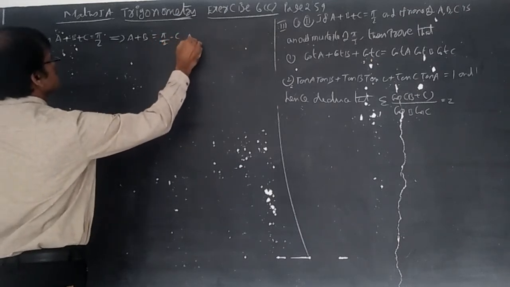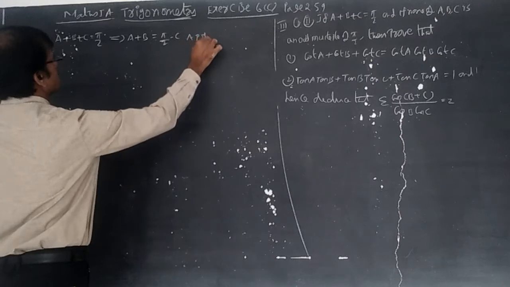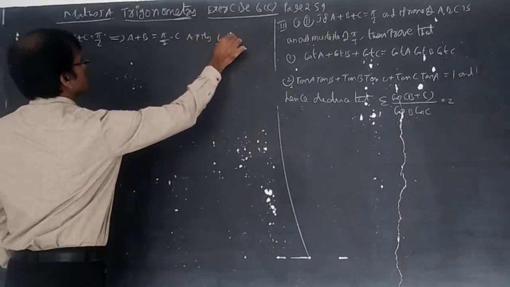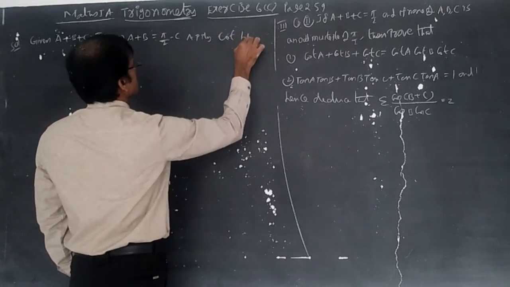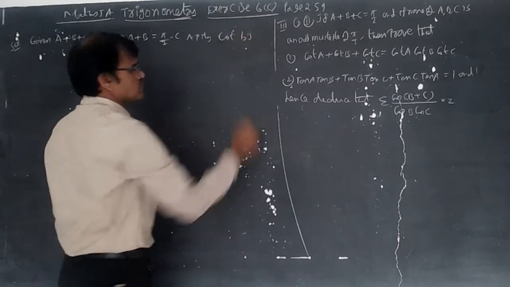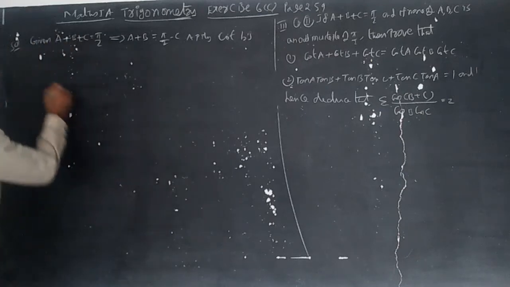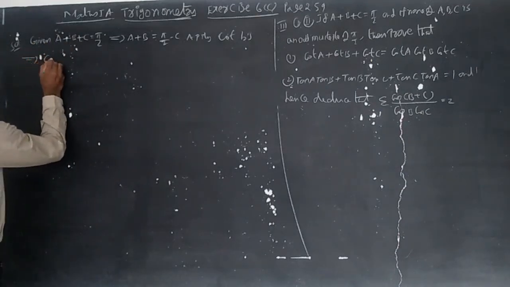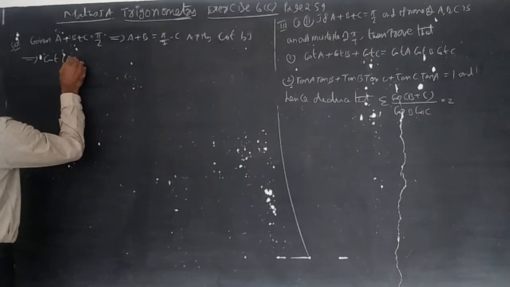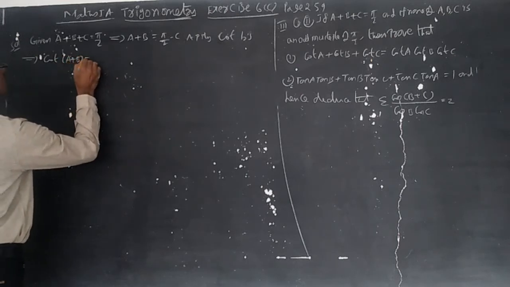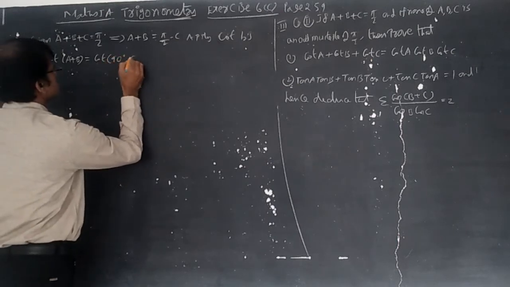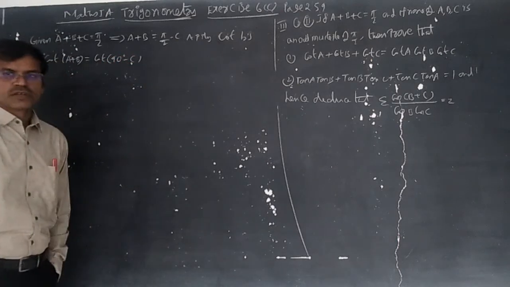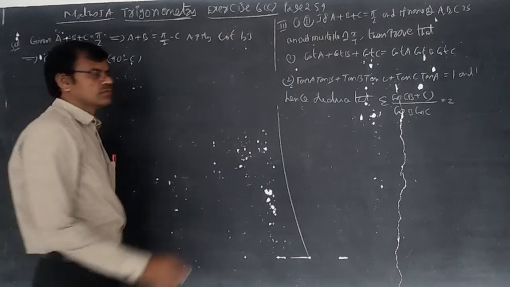Here apply cot on both sides. That implies cot of a plus b is equal to cot of 90 minus c. Pi by 2 means 90.